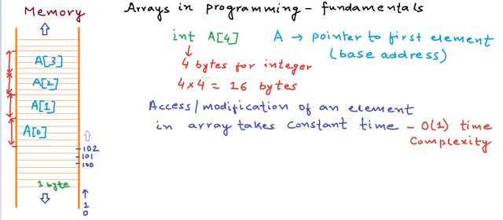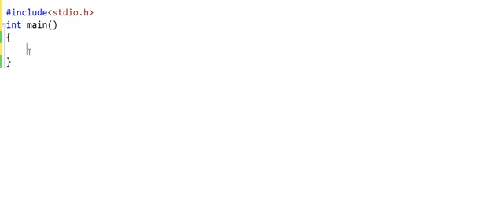And this is better explained in a real program. So let us go to a compiler and write some code. So I will write a simple C program here. What I will do is I will declare an array a of size 4, an integer array, and as I had told you earlier, a is nothing but a pointer to the first element in the array.